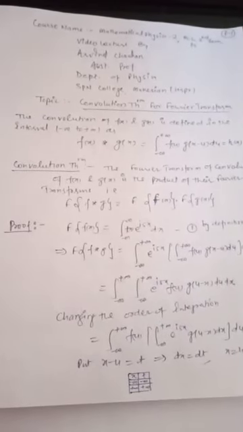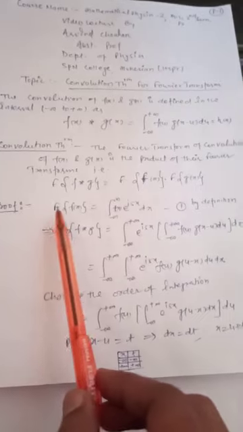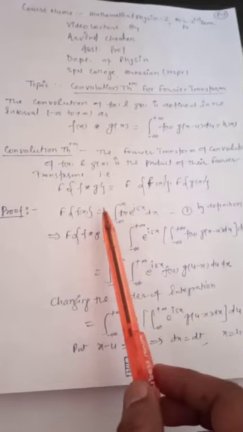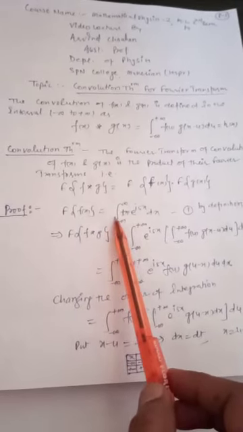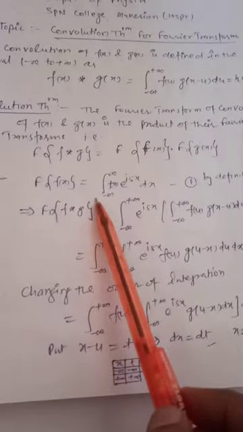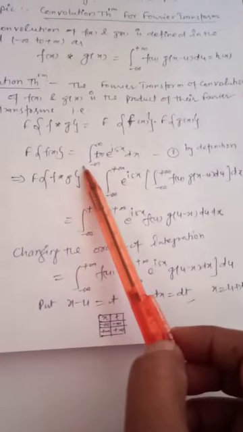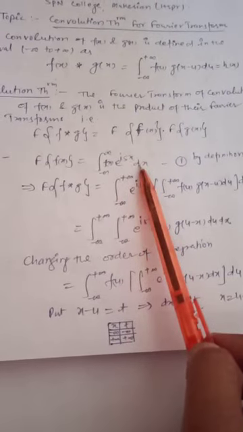Here we are going to prove this result. For the proof, we know, as I told you in previous classes, that the Fourier transform of any function f of x can be represented as the integral from minus infinity to plus infinity of f of x exponential iota sx dx.